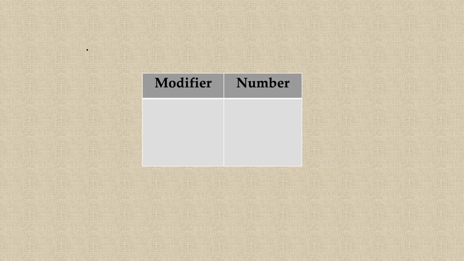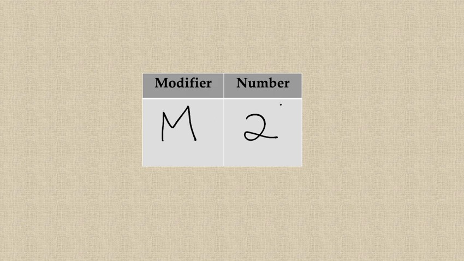The first part is the modifier, the second part is the numerical value in between two notes. For example, you see a lowercase m followed by a 2. We call it a minor second. We don't call it an M2.